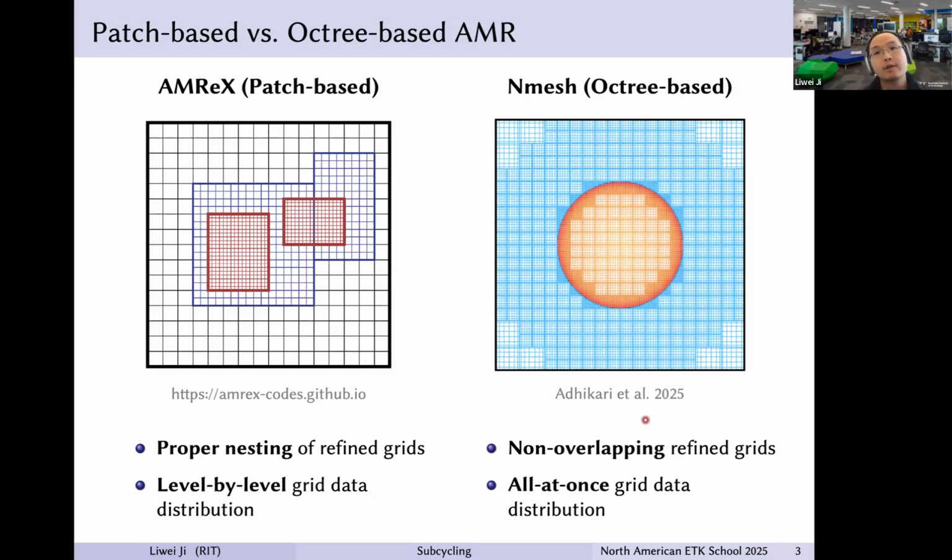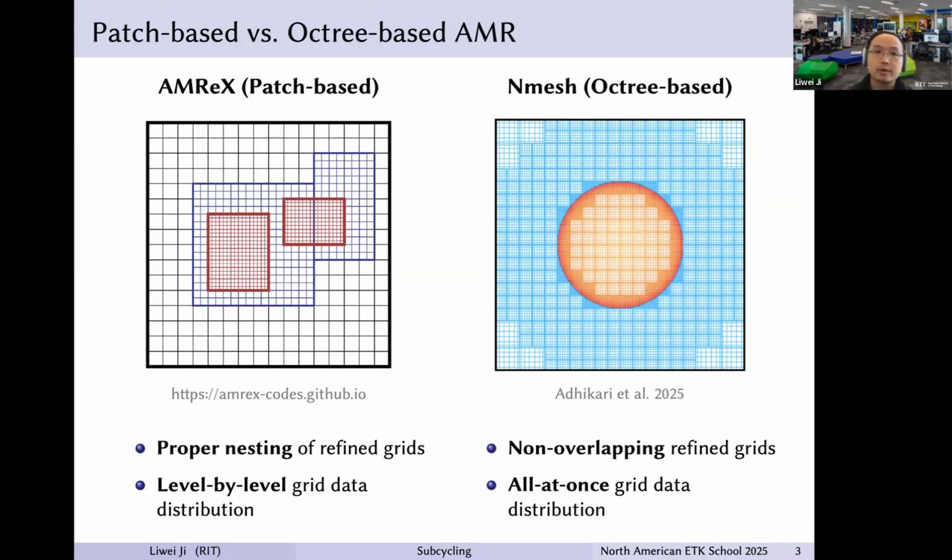But for the octree-based, you can evolve all the levels at the same time. So if you are taking a uniform time step for both of these two methods, then the patch-based will take the number of levels more times to evolve to the same time, compared to the octree-based. So this is very bad.